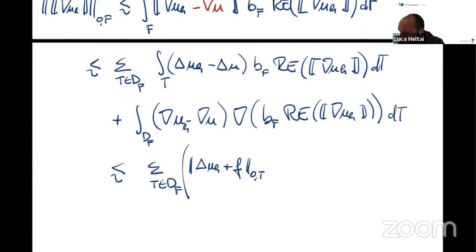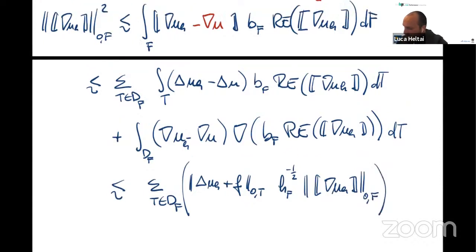And now I have bf times the jump of the gradient of uh. So I'm doing a lifting with the bubble function in between. And for what we wrote before, this is smaller or equal than hf to the power minus 1/2 times the jump of the gradient of uh, 0f.